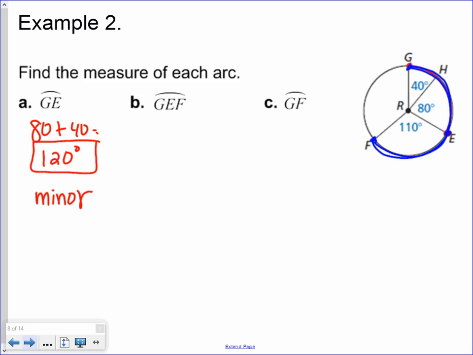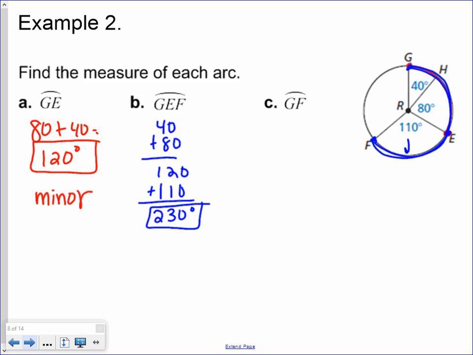Adrian? 230. 40 plus 80 we know is 120, plus 110 would be 230 degrees. Very good. Add all 3 arcs together. I know they only give you central angles, but we know that if the central angle is 40, 80, and 110, all the arcs are 40, 80, and 110. And then Adrian, major or minor arc?